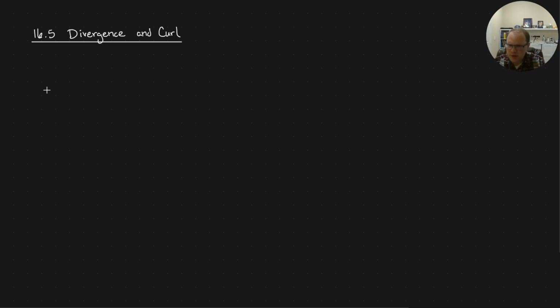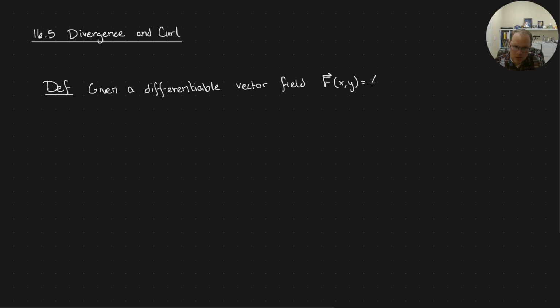So let's start with divergence, and let's define what divergence is and how to find it. Given a differentiable vector field, and let's start with a vector field of two components.